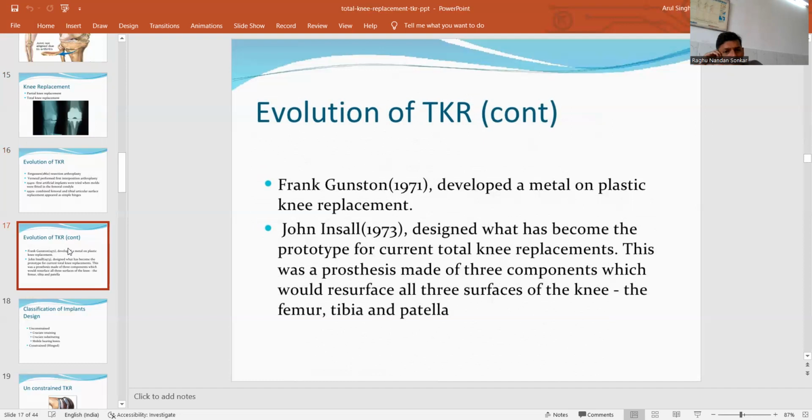John Stahl, in 1973, designed what has become the prototype for current total knee replacement. This was a prosthesis made of three components which would replace all three surfaces of the knee, meaning femur, tibia, and patella. So all three components were replaced, first designed as a joint and installed in 1973.